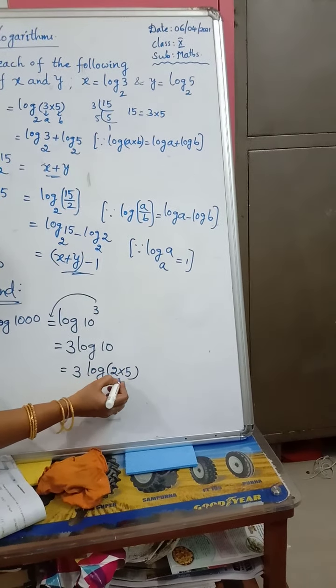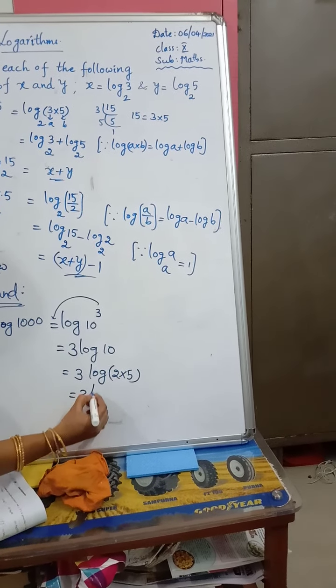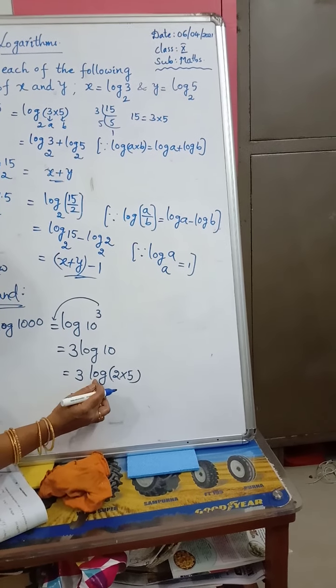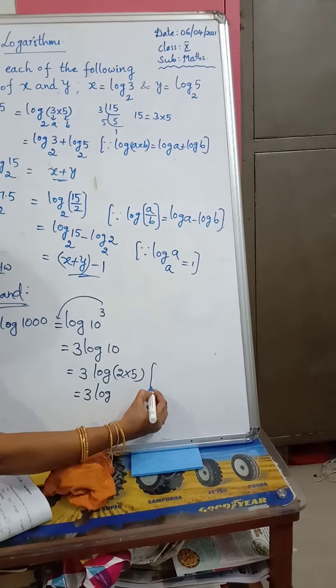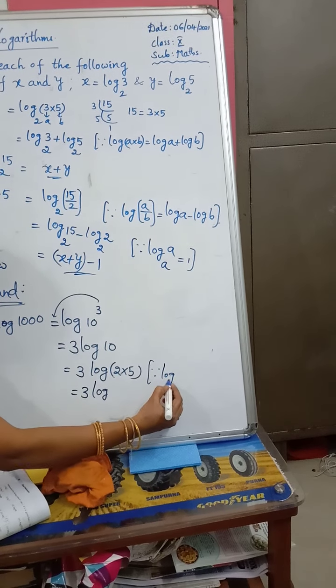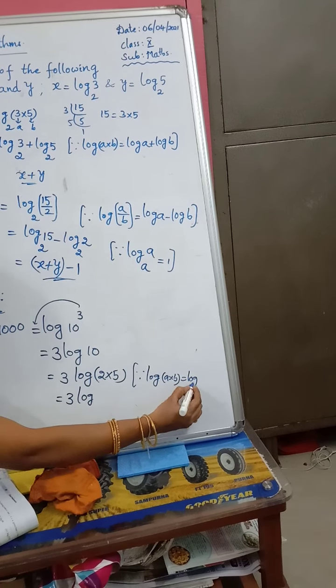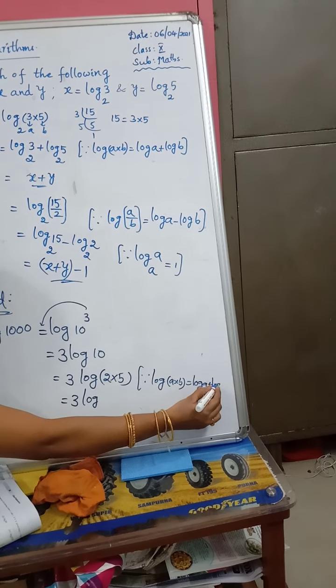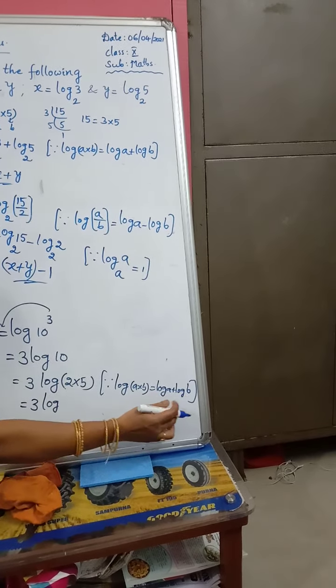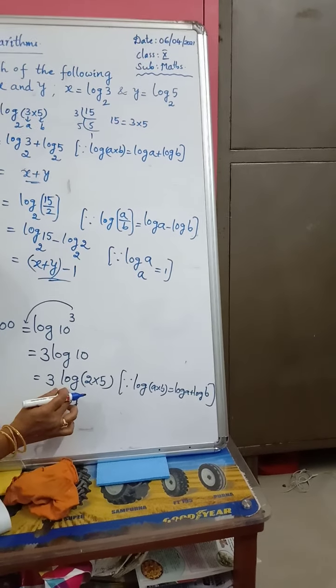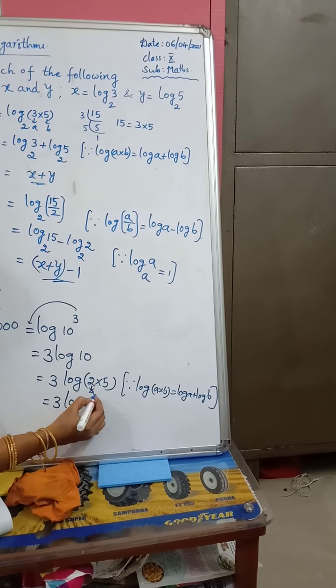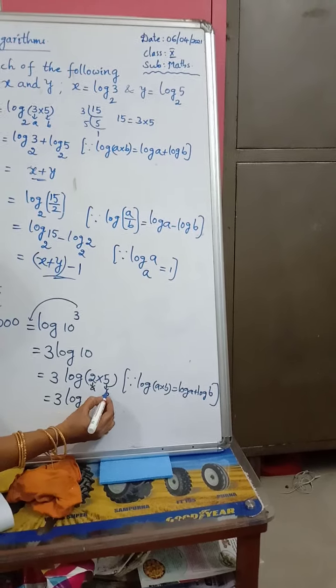So 3 log, again it is in the form of log a into b. One formula: log a into b is equal to log a plus log b. This formula we can apply in this case. What is a here? 2. And what is b here? 5.